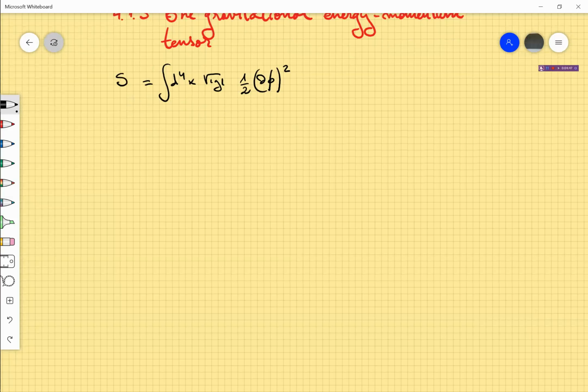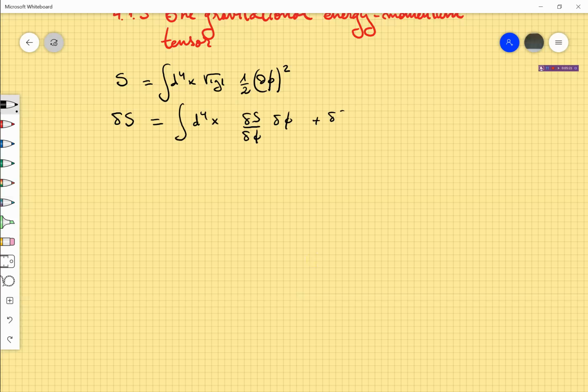Now we are interested in seeing what happens when we vary the action with respect to g mu nu. Let me make this explicit: delta phi is equal to 0 here. If I vary an action that depends on more than one field, I get terms which are proportional to the variations of each of the fields.